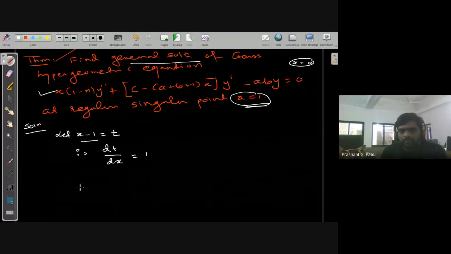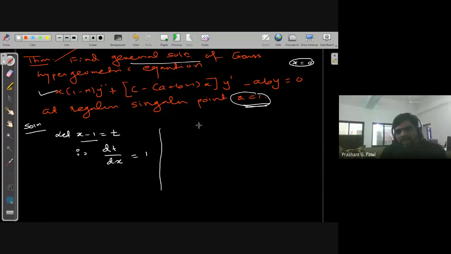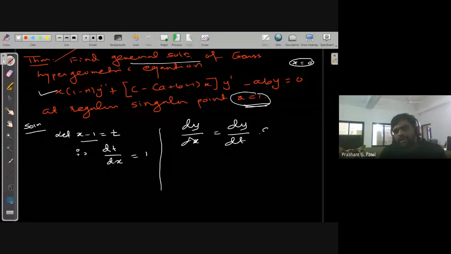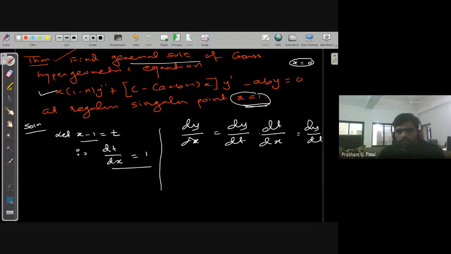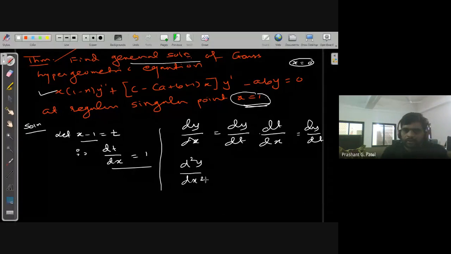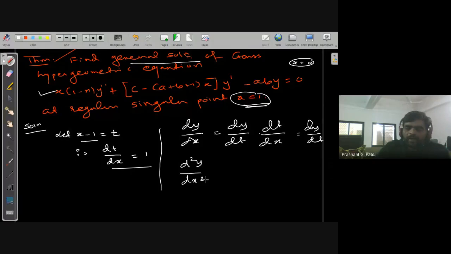So what will be the dy by dx? As per the chain rule, this is dy by dt into dt by dx, but dt by dx is 1, so it is dy by dt. What is d square y by dx square? Again by applying the chain rule, d square y by dx square can be written as d by dx of dy by dx, but dy by dx is dy by dt.